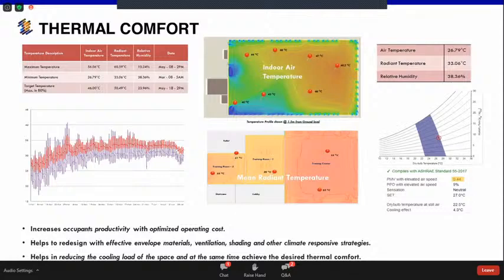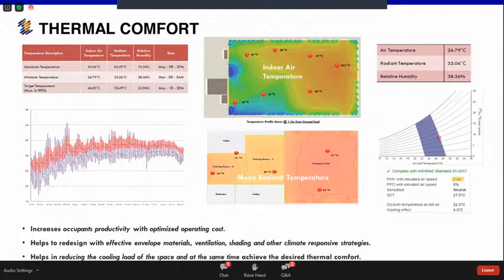Okay. So the next analysis is thermal comfort. This is one of the important and a large topic to discuss. There are six parameters to understand about thermal comfort.